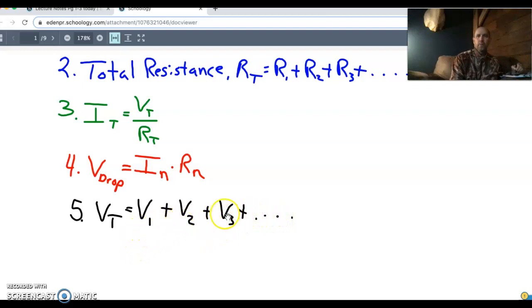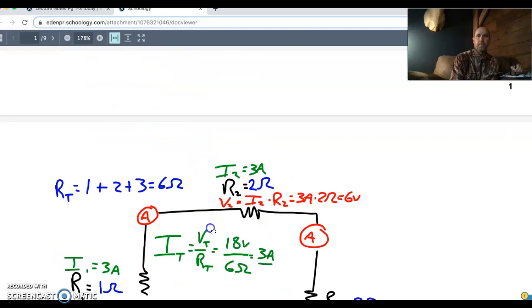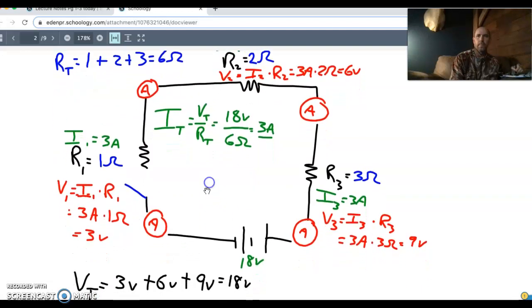Do the 3 voltage drops that I just did in number 4 add up to equal my 18 volt battery supply that was stated in the problem? Let's take a look. For my VT, I have 3 volts at number 1, 6 volts at number 2, and 9 volts at number 3. 3 plus 6 plus 9 equals 18, and I had an 18 volt battery.